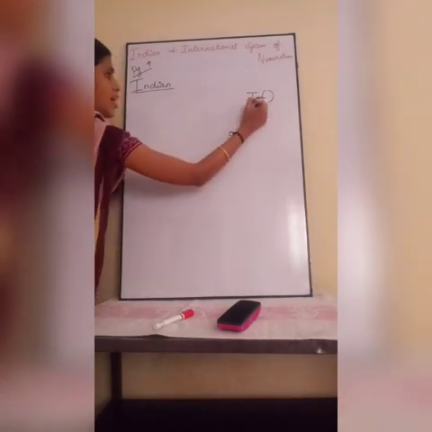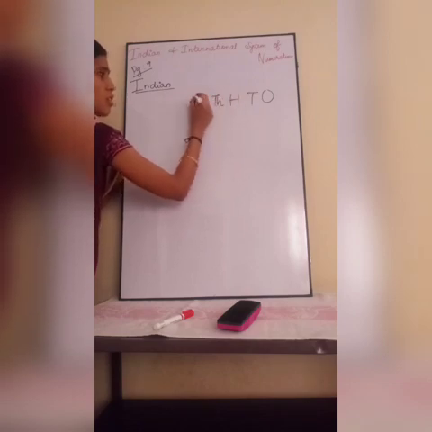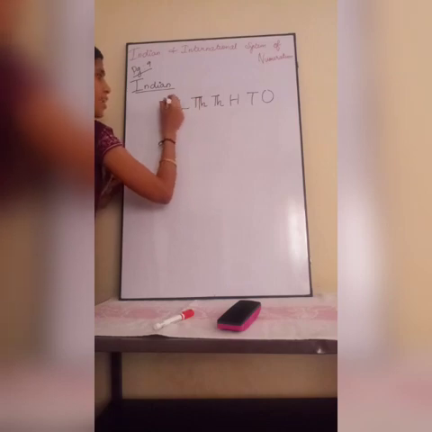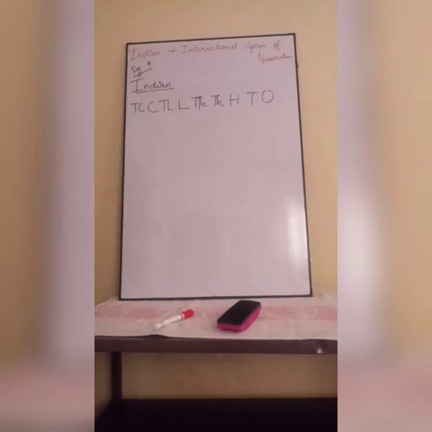Ones, tens, hundreds, thousands, 10,000, lakh, 10 lakh, crore, 10 crore. This is your Indian system of numeration.